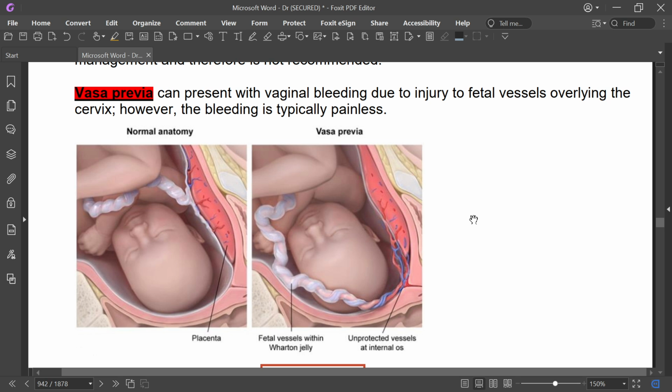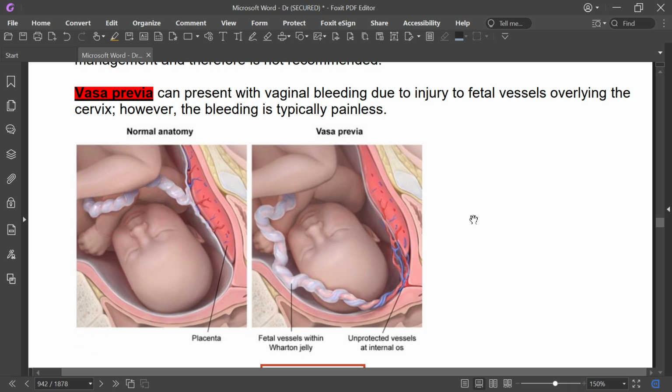However, the bleeding is typically painless, just like placenta previa. Vasa previa and placenta previa are both painless.